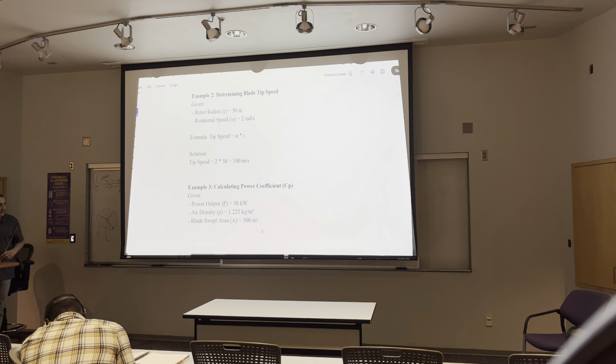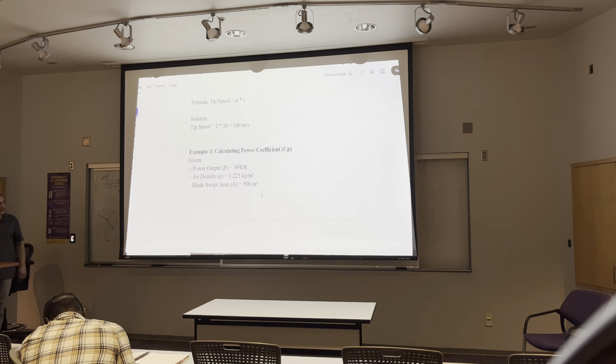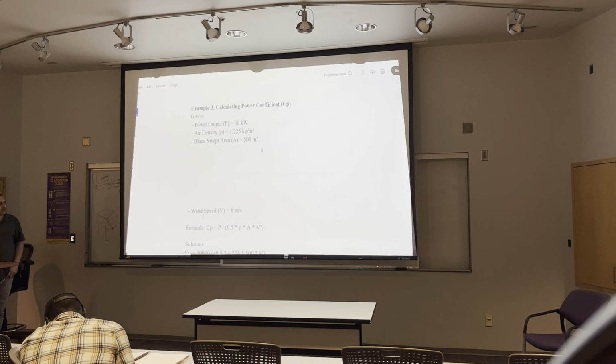He gave 30 kilowatts, air density rho 1.225 kilograms per cubic meter, blade swept area 100 square meters, wind speed, sorry, velocity 8 meters per second.